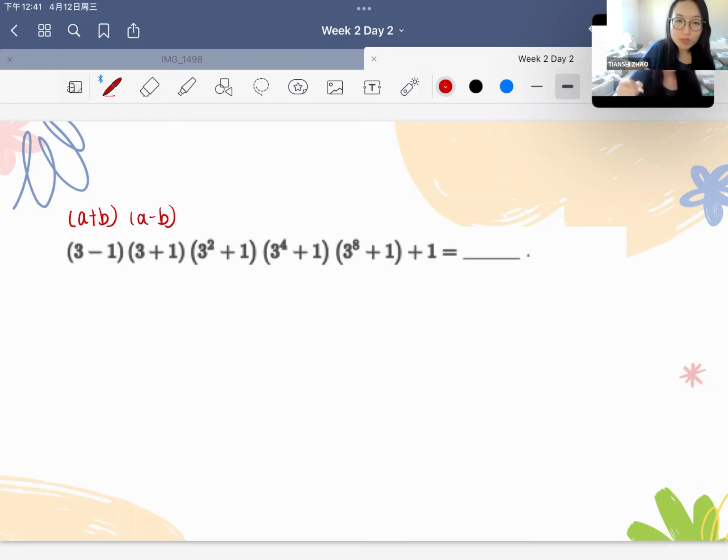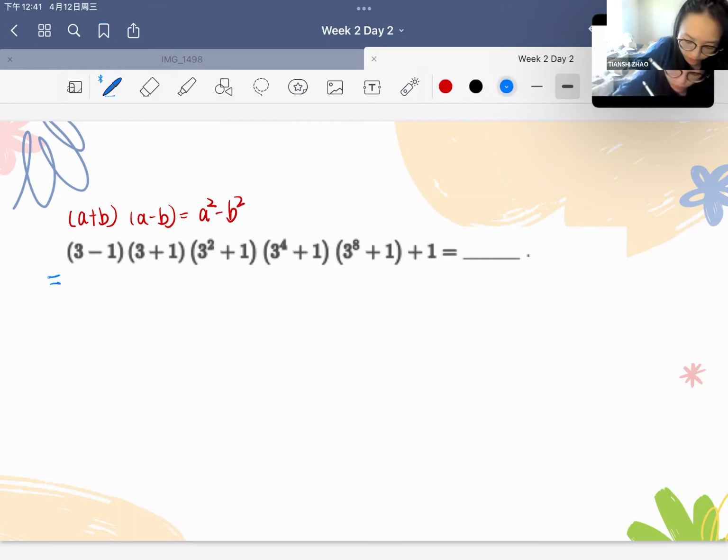So this is related to the difference of squares formula, which equals a squared minus b squared. So for the first two terms, (a plus b) times (a minus b) equals a squared minus b squared. And then we just keep copying down all the terms.